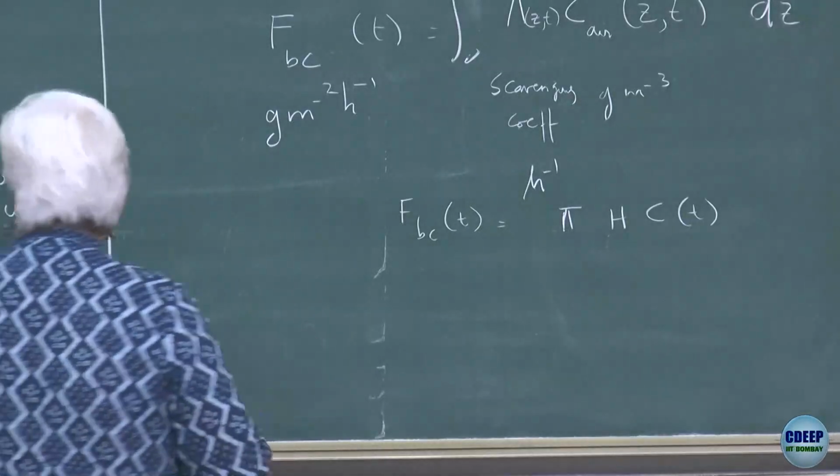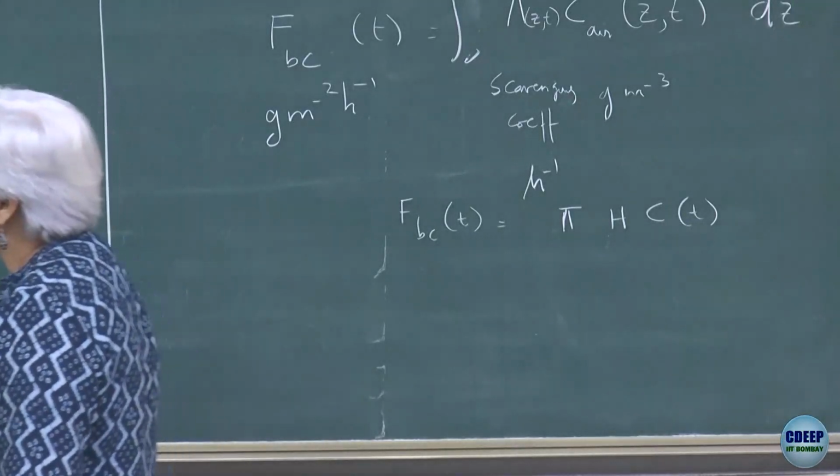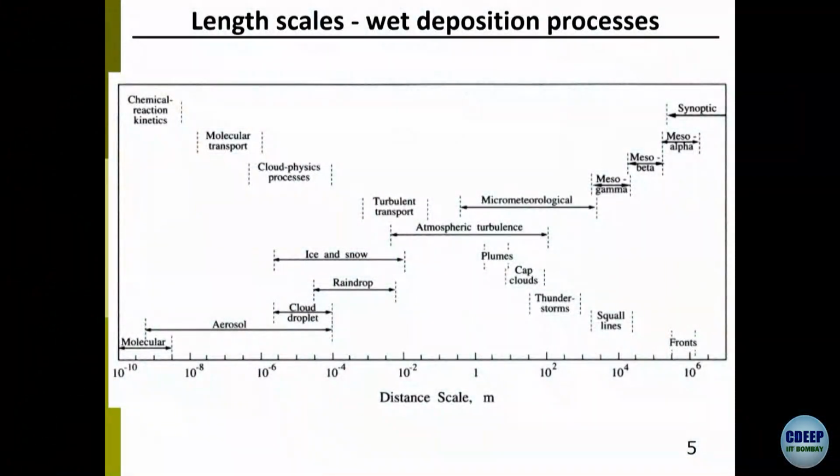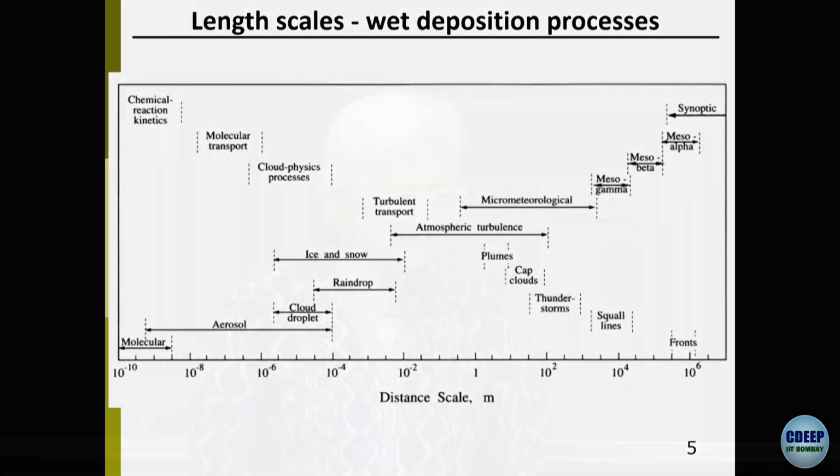Now, this is what is actually happening in the whole column, right? But at the end of the day, one of the things is that we measure rainfall at the surface, right? Our most convenient measurements of particles, of anything, happen at the surface.